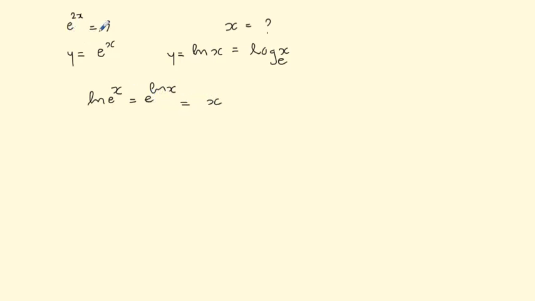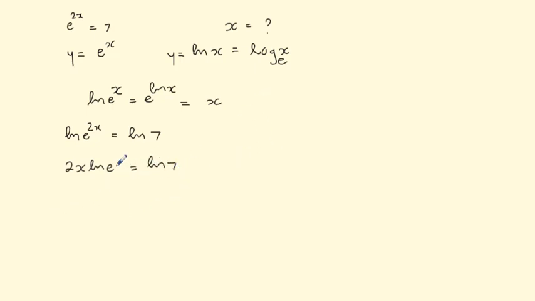So when I get to this equation, you simply say ln of e to the 2x equals ln of 7. That's what we must do with an equation: whatever you do on one side, you do on the other. Applying the properties of ln, we end up with 2x ln e equals ln 7.